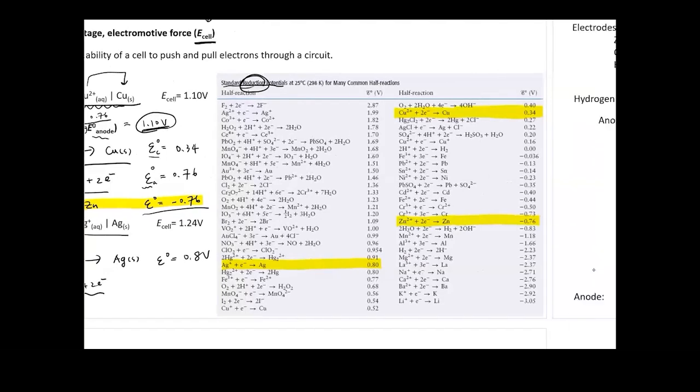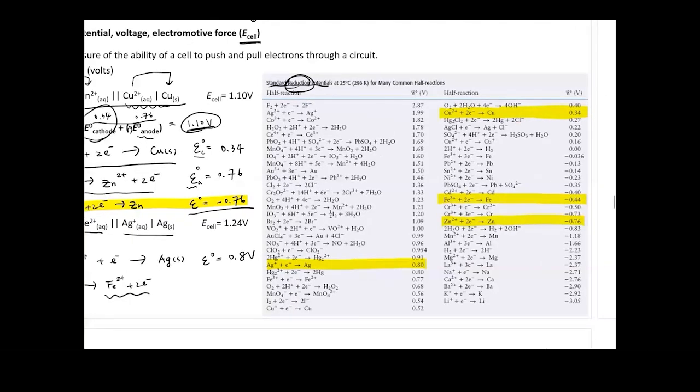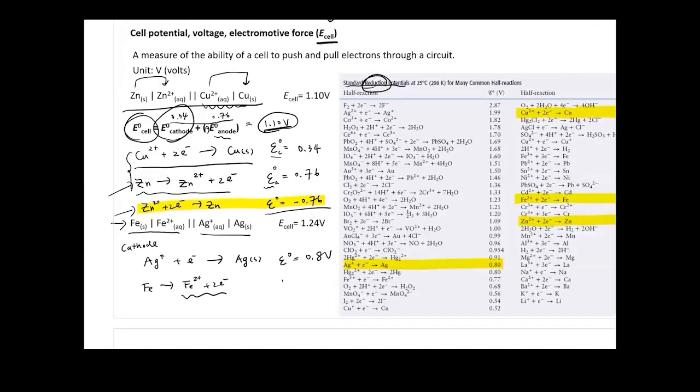It's here, negative 0.44. But since we flip the reaction, your E naught for the anode is just 0.44. So your E cell equals E naught cathode plus E naught anode, which is 0.8 plus 0.44. So your E cell equals 1.24 volts.